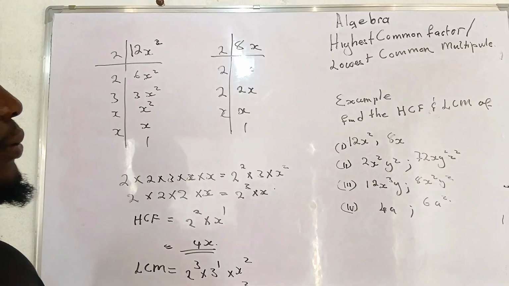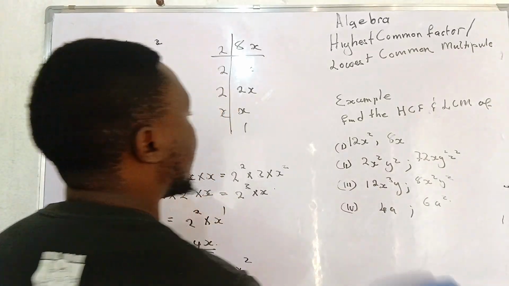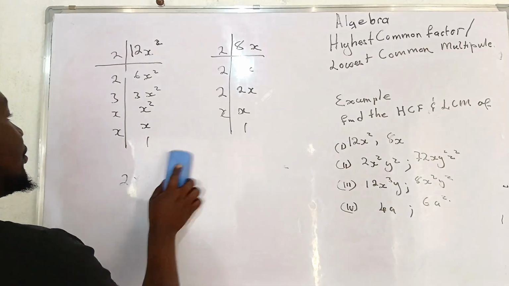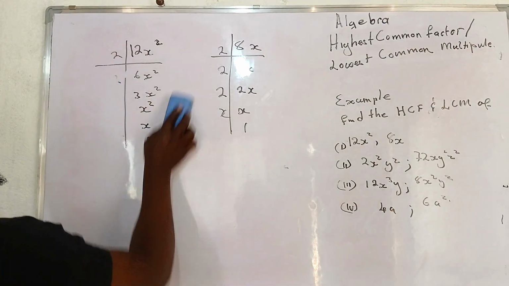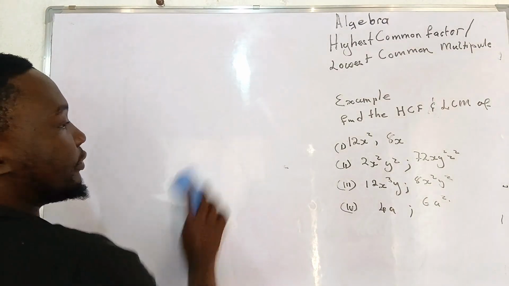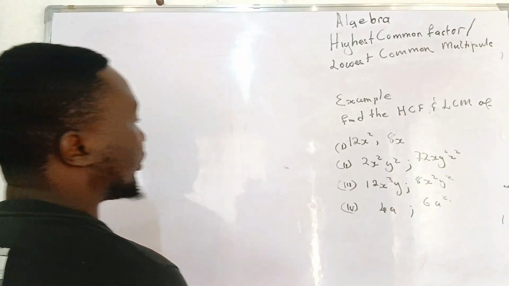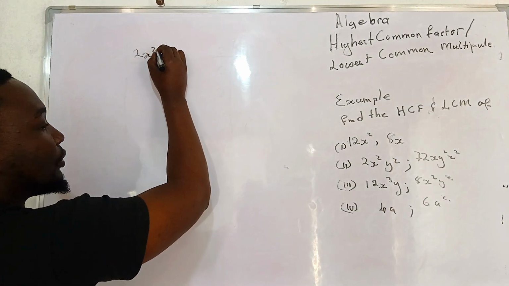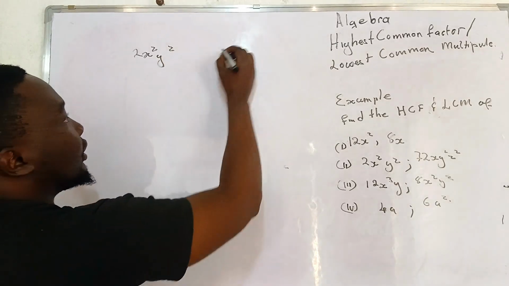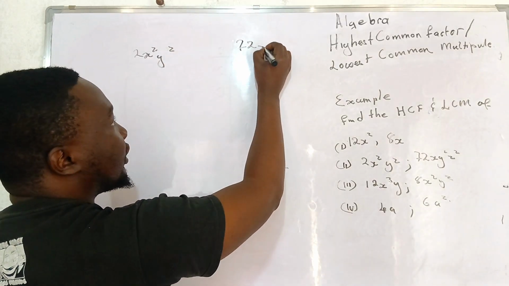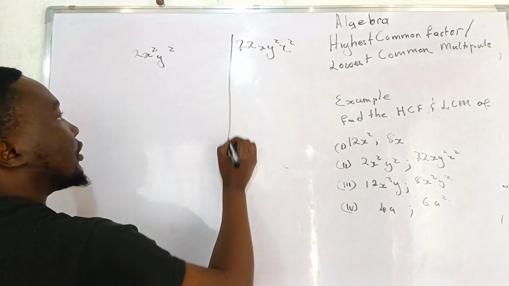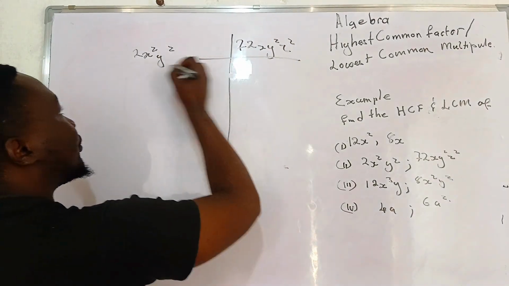So let's do the following example. Let's do number 2. So we are going to have 2x²y² and 72xy²z². So we have these two.